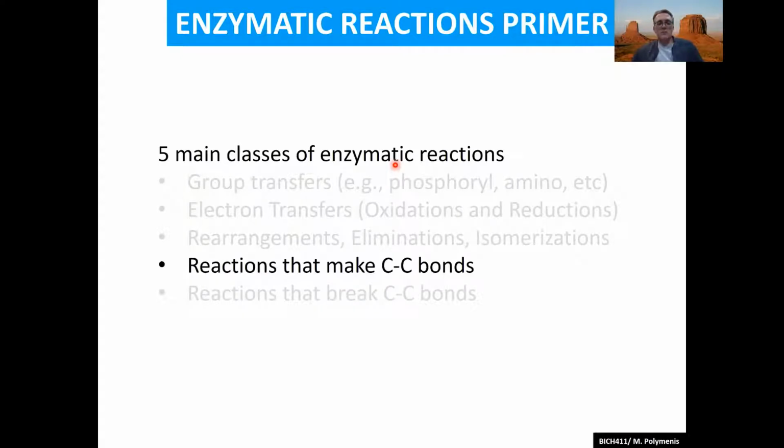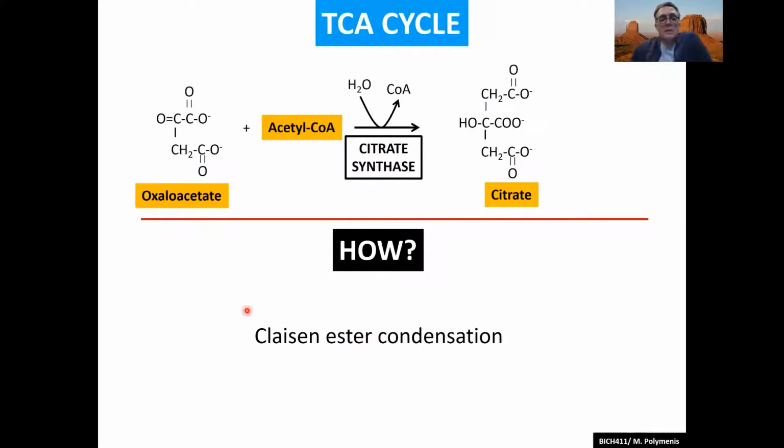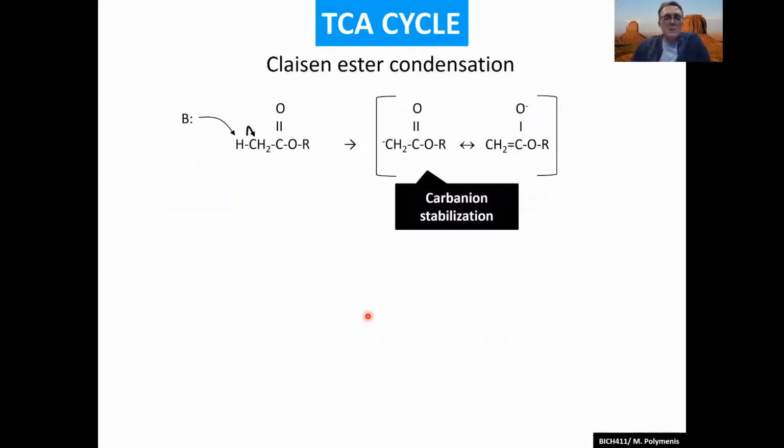Here, this is the first time we see a carbon-carbon bond. How is it made? Well, if you go back to your organic chemistry, I believe organic 2, you will see that this is really a Claisen ester condensation. So the way it happens is this is one ester, and you remove a proton, and now you've made a carbanion.